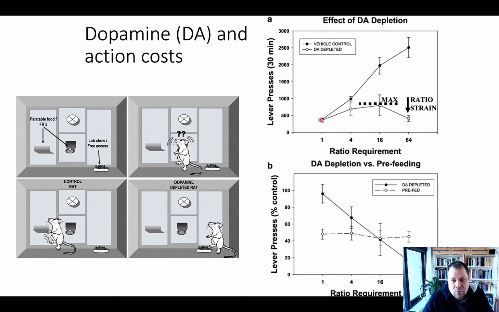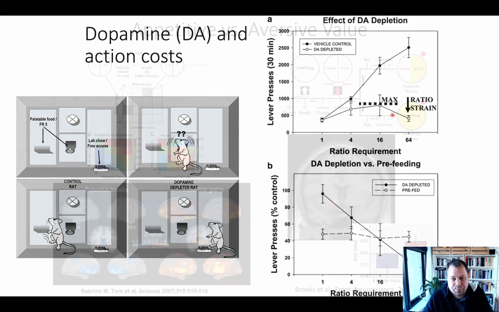Whereas a depleted rat will not do so. It'll go up a little bit, but then at some point this is just too much for the rat, and it will go down again, especially when it becomes 64. You can see that this animal here, or on average, animals that show dopamine depletions in the nucleus accumbens, are not willing to put in the effort.